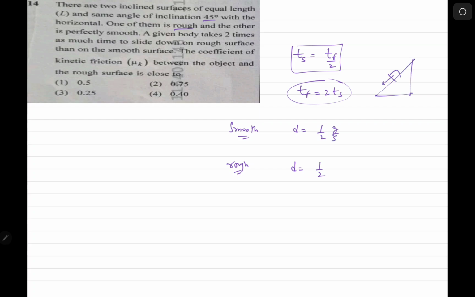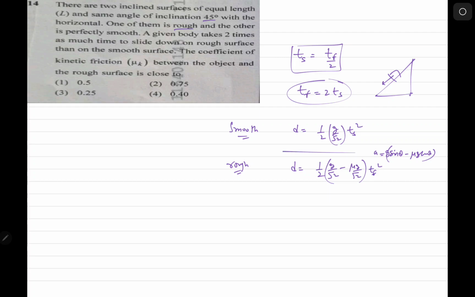G sine 45 means g by root 2. And if it is rough, the friction will be acting, so g sine theta minus mu g cos theta is the acceleration. So g by root 2 minus mu g by root 2 into tf square.